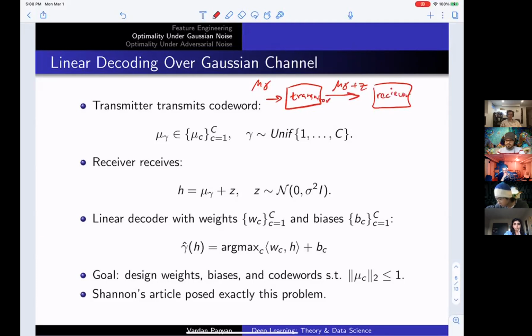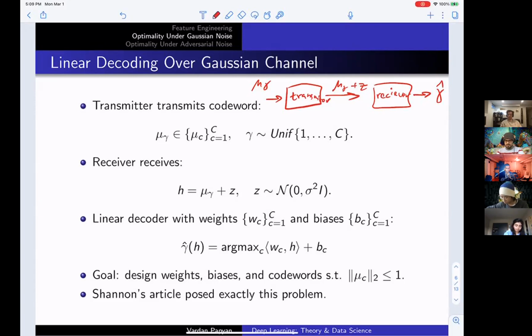This noisy mu gamma plus z is obtained by a receiver, and the receiver is interested in finding some gamma hat, trying to figure out which of the original code words was transmitted on the channel. Does this sound like a reasonably important problem in real life? It does, right?